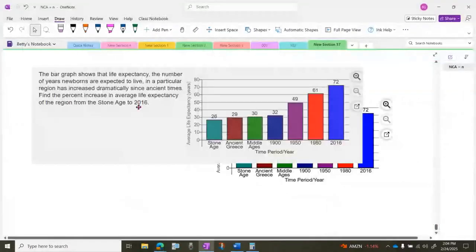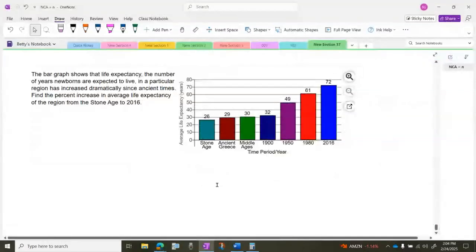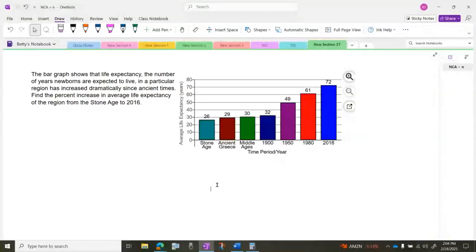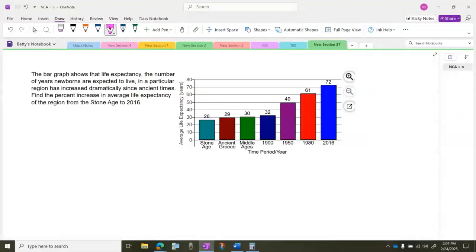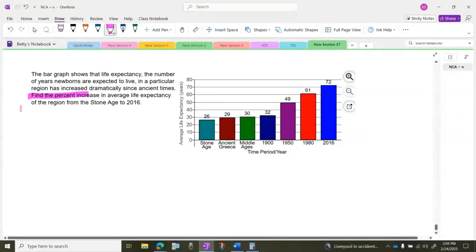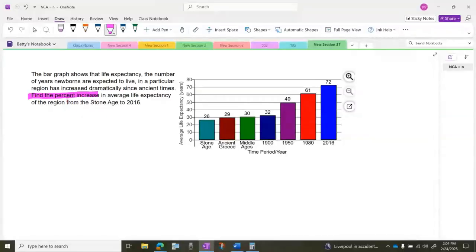Let's read the problem. The bar graph shows that life expectancy, the number of years newborns are expected to live in a particular region, has increased dramatically since ancient times. Find the percent increase. This is important. Our goal is to find the percent increase in average life expectancy of the region from, this is also important, the Stone Age to 2016.